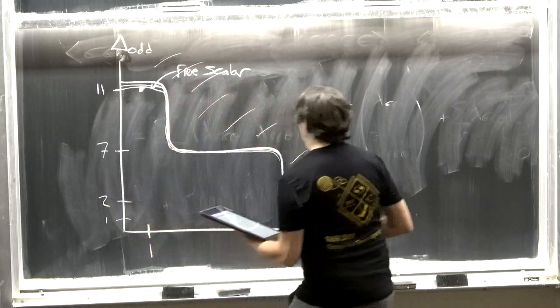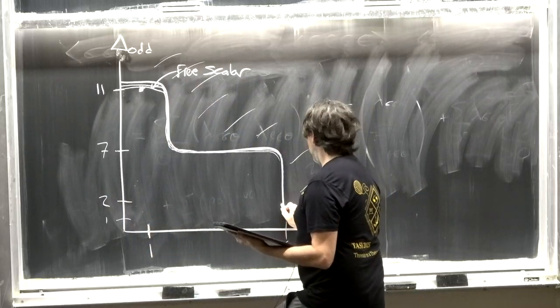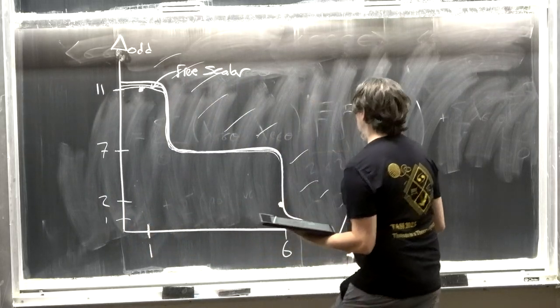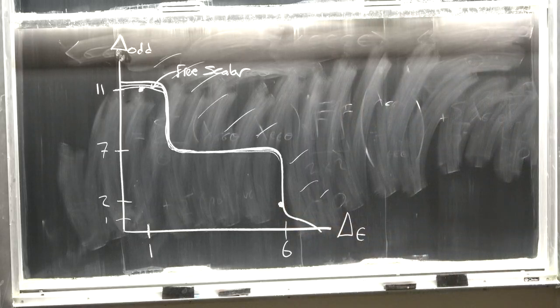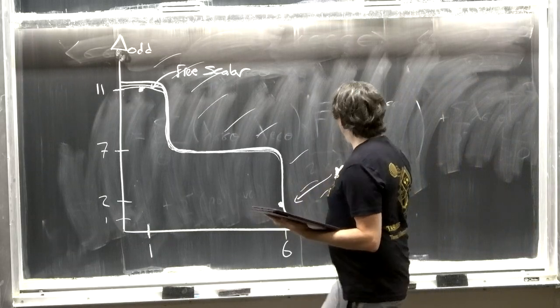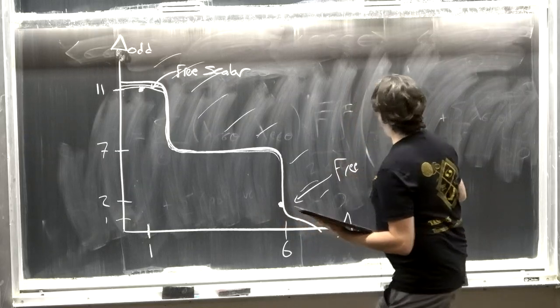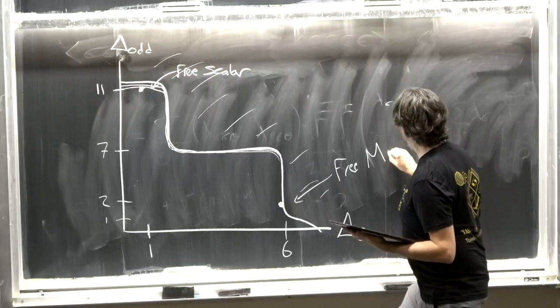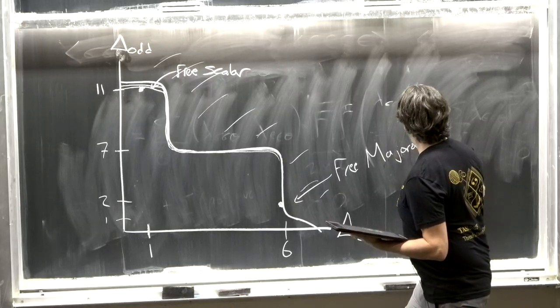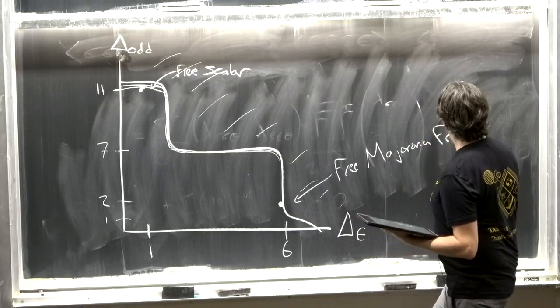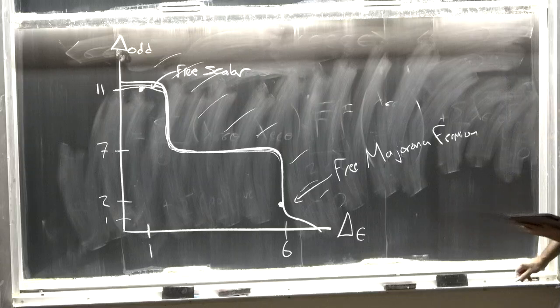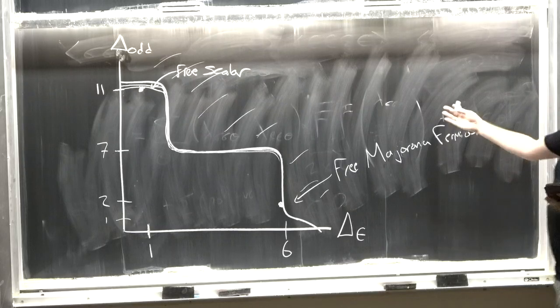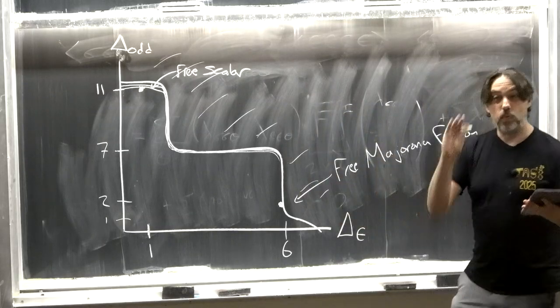Okay. There's another theory way over in this side. It's 6 and 2. So this is actually a free Majorana fermion in 3D. Okay, so if I have a free fermion in 3D, its scaling dimension is 1.